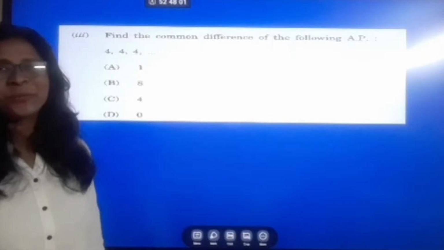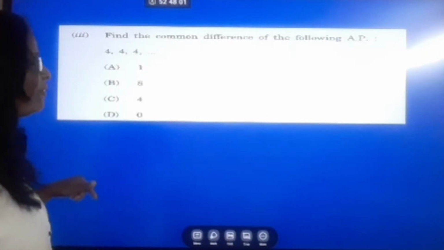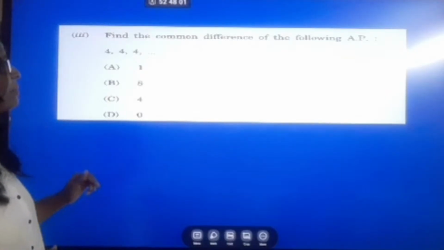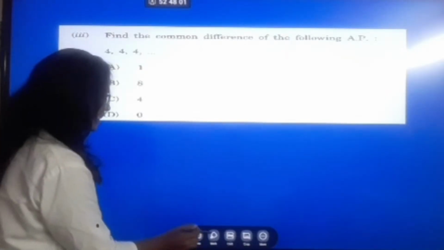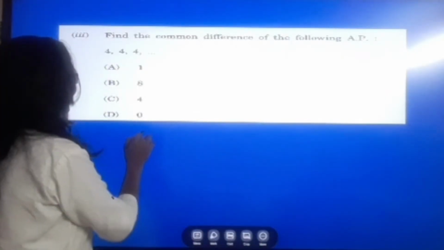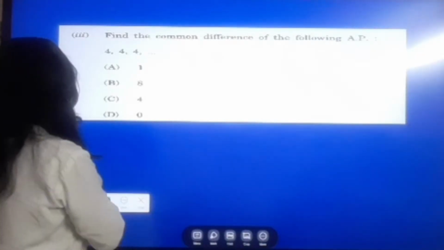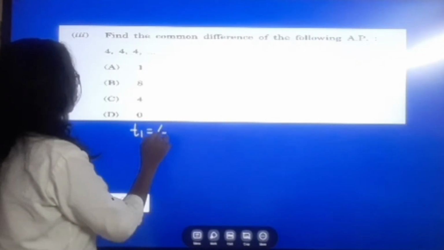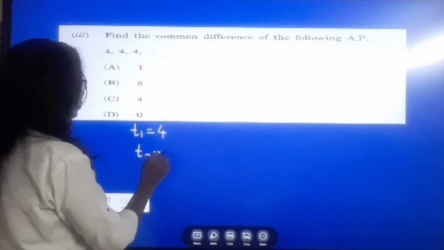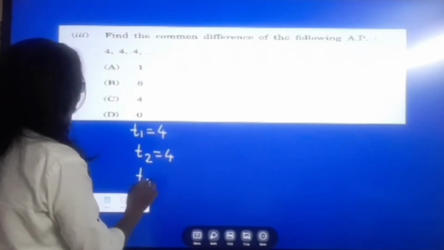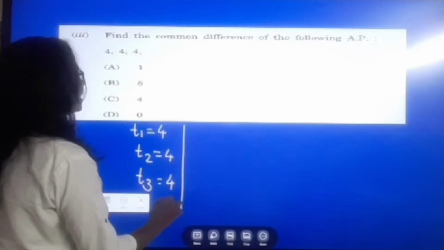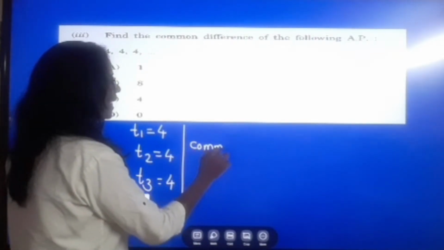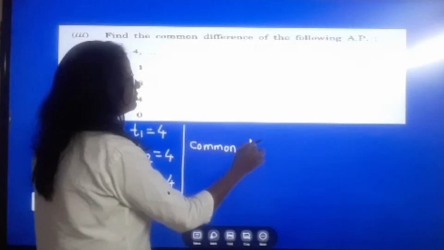So T1 is equal to 4, T2 is equal to 4, T3 is equal to 4.